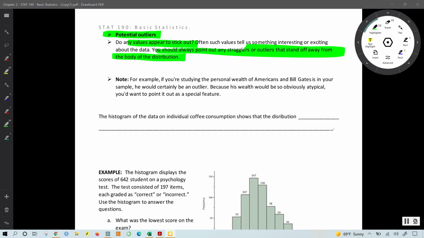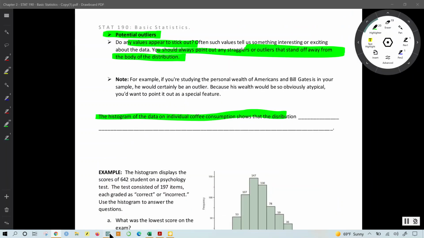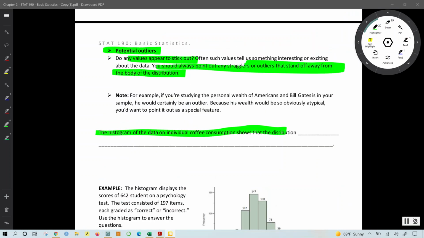Let's see an example of the histogram we have constructed on individual coffee consumption. And going back here, this appears to indicate that there is a single value here that seems to be standing away from the body of the whole distribution of possible values, and this might suggest the presence of outliers. So let's write that down.